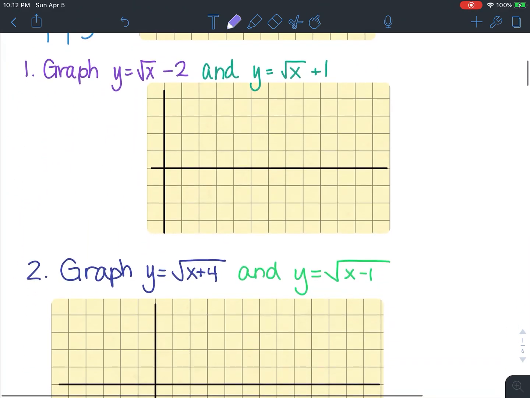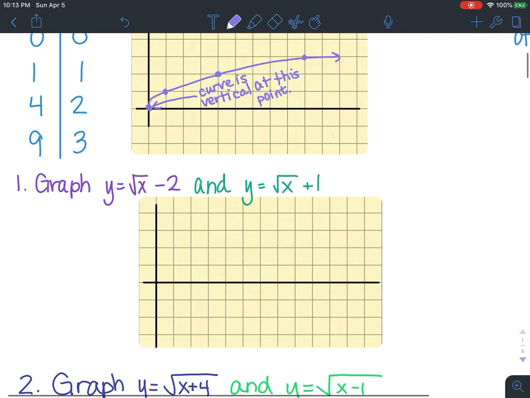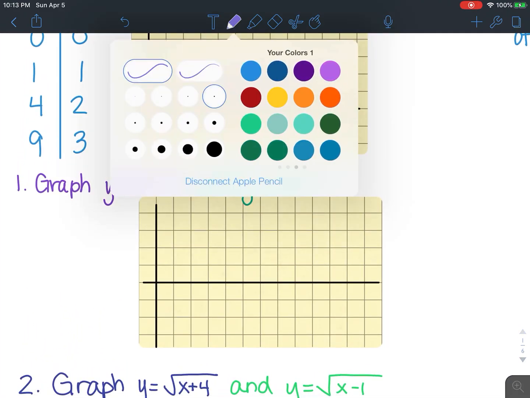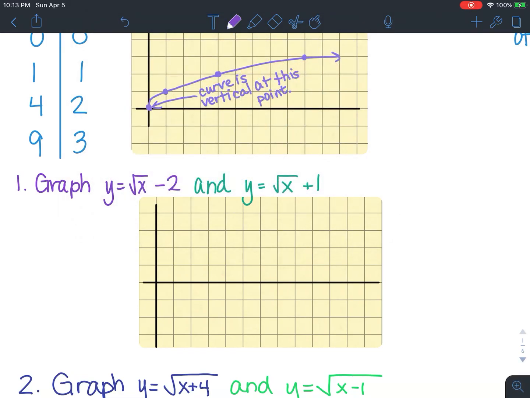Okay, let's try some shifting. The first ones we're going to graph are y equals the square root of x minus 2, and then we'll also do y equals the square root of x plus 1. And we're going to base these off of our parent graphs. So all of these points are just going to get moved down 2.